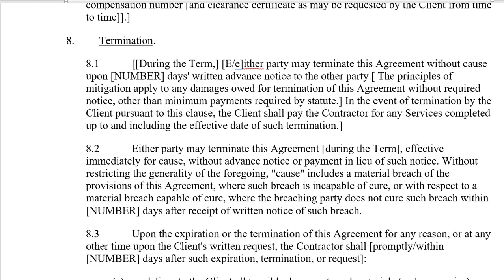Here in 8, you'll see that either party can terminate without cause for a number of days written advance notice, and you can establish what that is. Then either party can terminate the agreement immediately for cause without advance notice or payment in lieu of such notice.